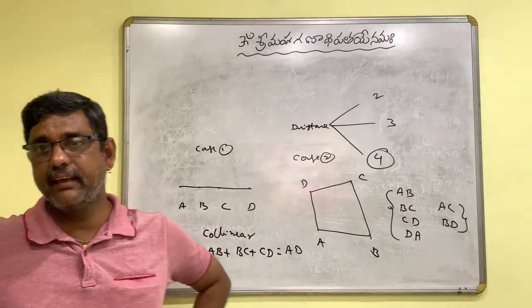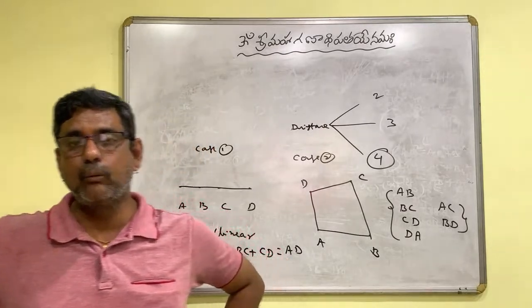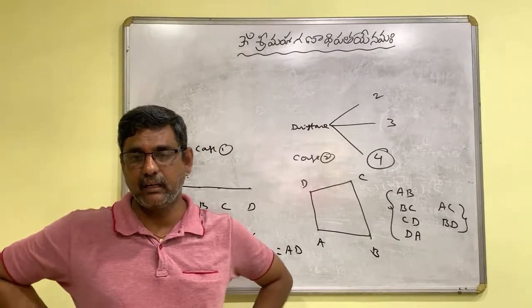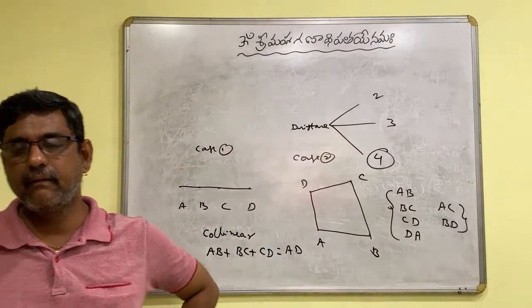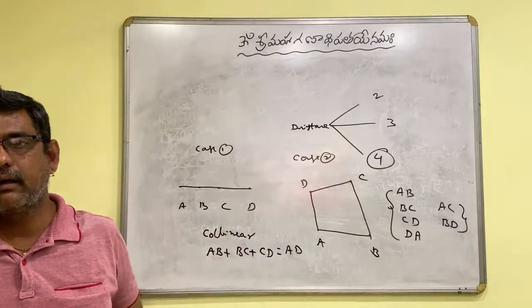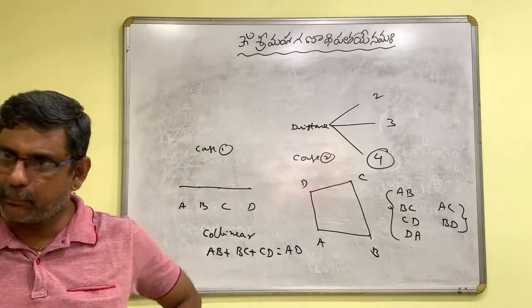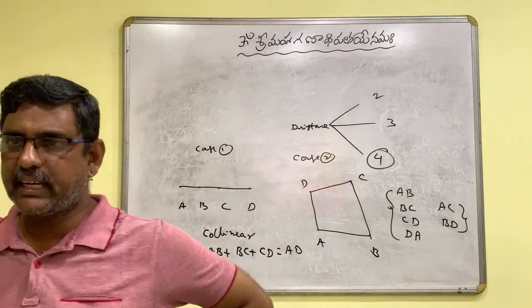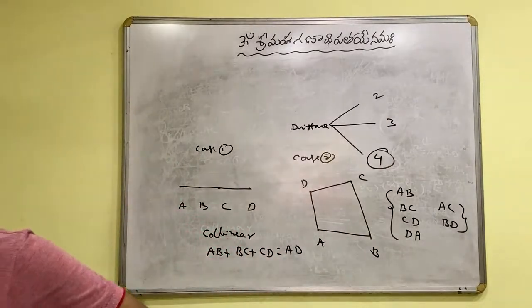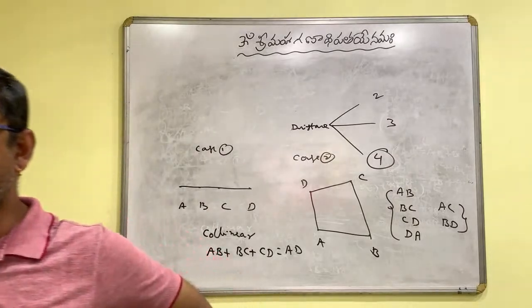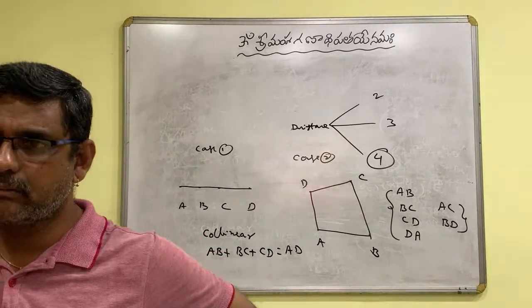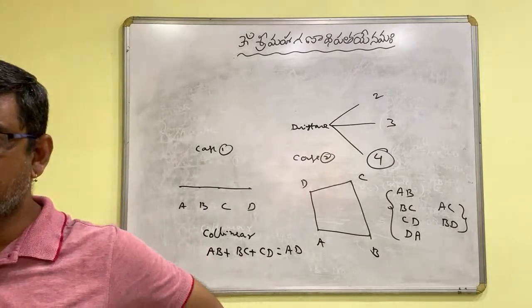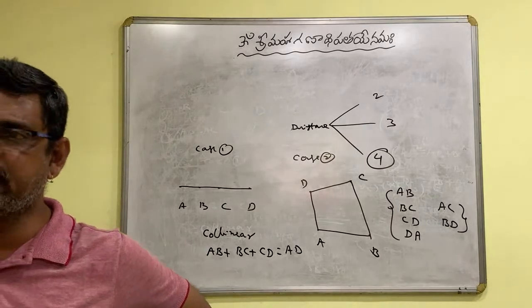Now, how to prove it is a rectangle? Opposite sides are equal. Is that enough? If we prove only diagonals are equal, is it enough?